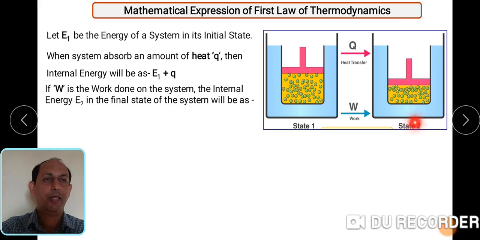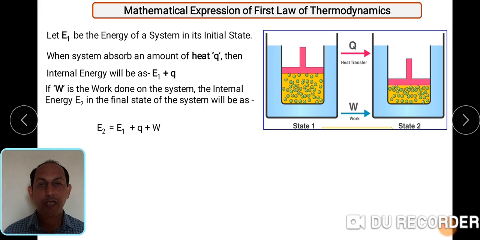यहाँ पे हम लोग जब देखेंगे तो उसकी इंटरनल एनर्जी कितनी होगी, E2 होगी. सो E2 विल बी इक्वल टू व्हाट, यहाँ पे इनिशियल एनर्जी प्लस Q which is being absorbed and whatever the work done. So that will be equal to the internal energy, that is E2.